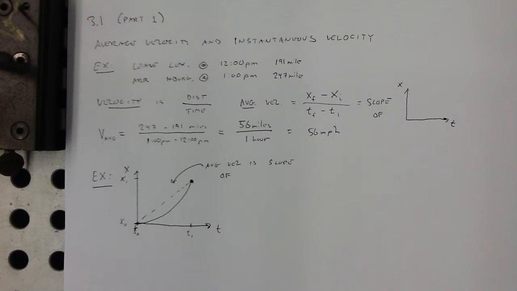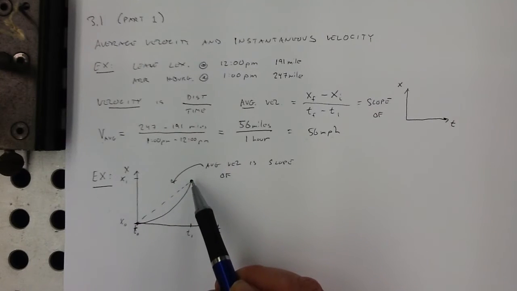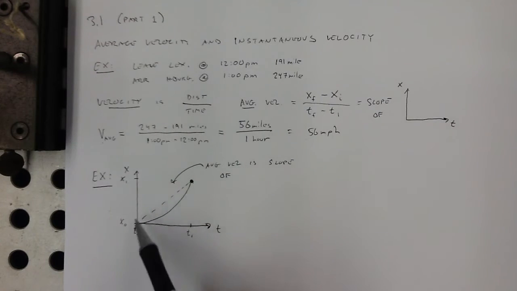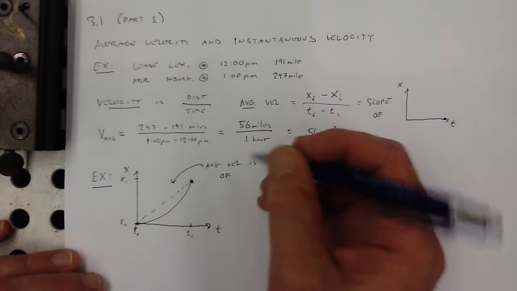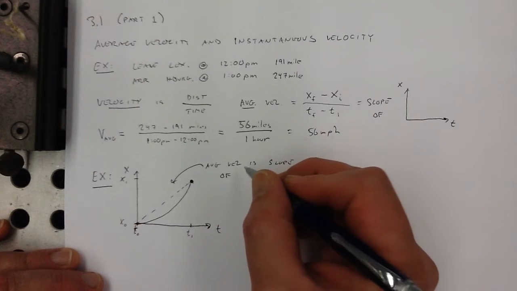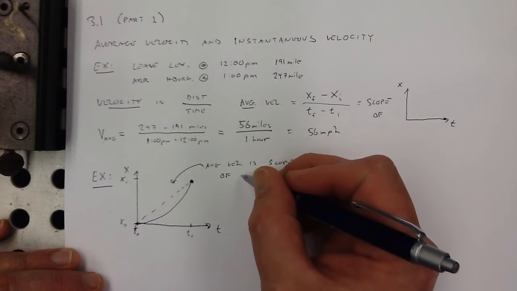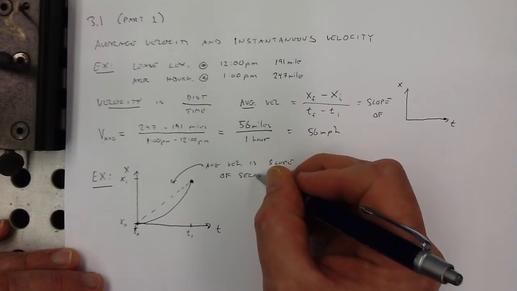I don't know if you remember this from geometry, when you studied circles, a line that connects 2 points and keeps going through. It's not a chord, but one that keeps going. It's called a secant line, and we use that same vocabulary here in calculus. So the average velocity is the slope of this secant line.